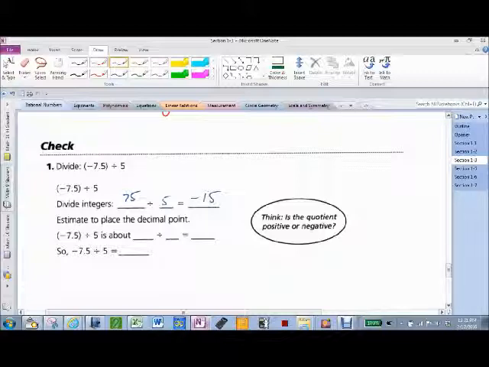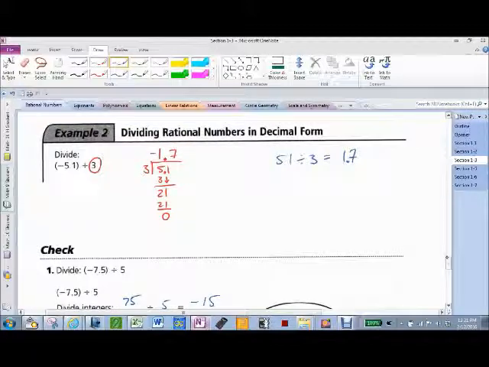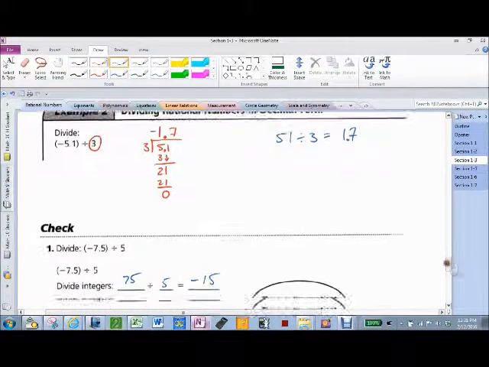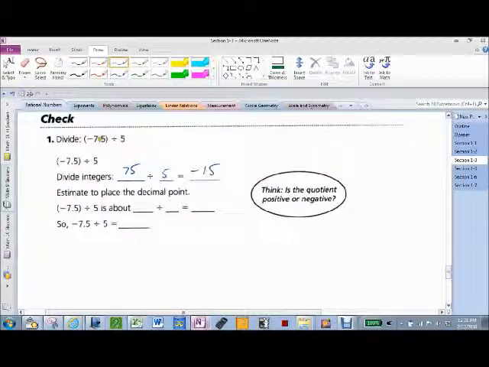Now stop. Remember what Omar did in the very first question? He said, well, 3 will go into 5 once. So the answer had to be 1 something, didn't it? So let's look at this question. How many 5s fit into 7? 1. So the answer has to be 1 something, doesn't it? So where does the decimal have to go if I have a 1 and a 5?